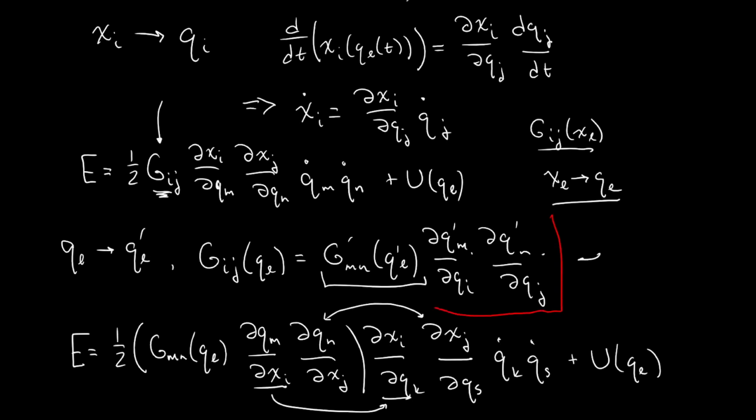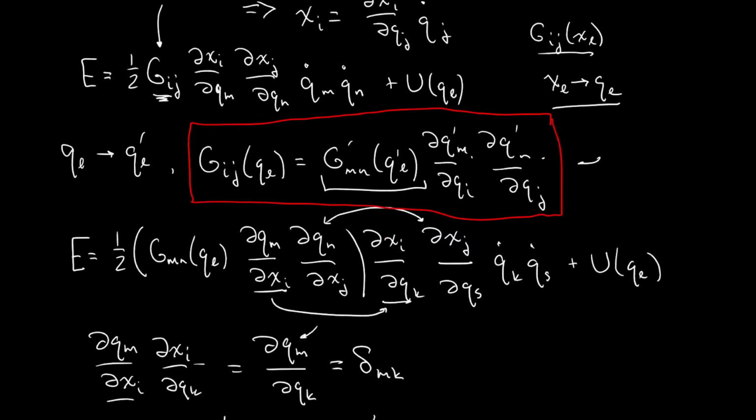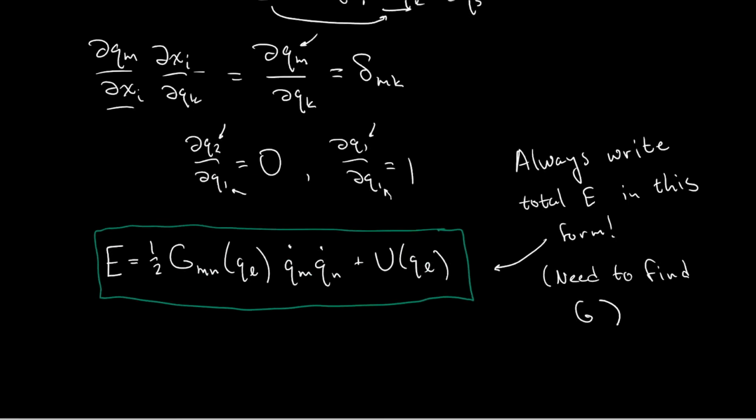So I can always find G in any set of coordinates just by applying this transformation rule. Okay? So this is sort of the key point: looking at how things transform allows me to do things in a very coordinate independent way.